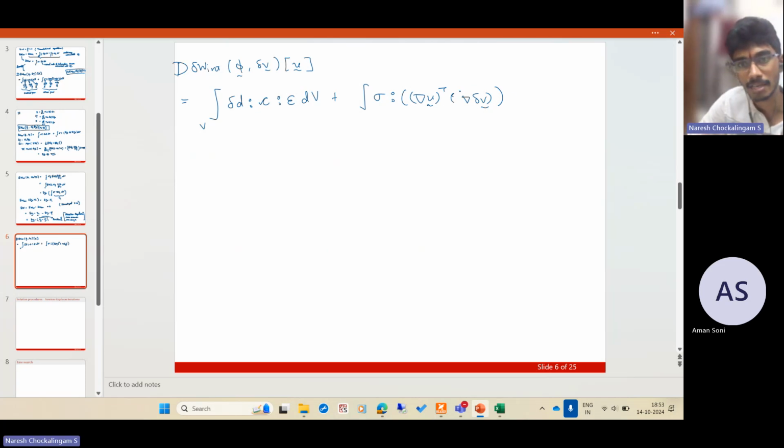Tensor multiplied with tensor is another tensor. That is contracted with sigma, so it returns a scalar. So this is fine, right?